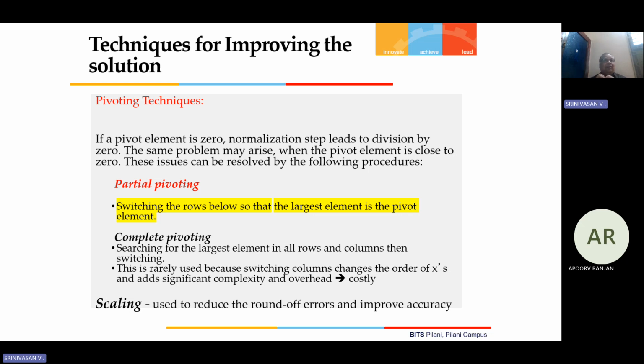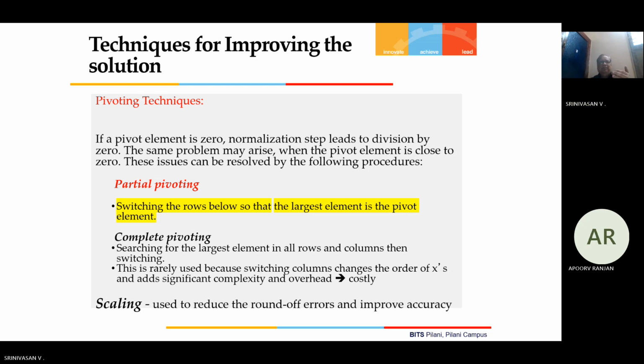So the pivot element row should be interchanged, so as to make the first row, first column element a non-zero element. There are, in fact, 3 types of techniques called partial pivoting, complete pivoting, and scaling.